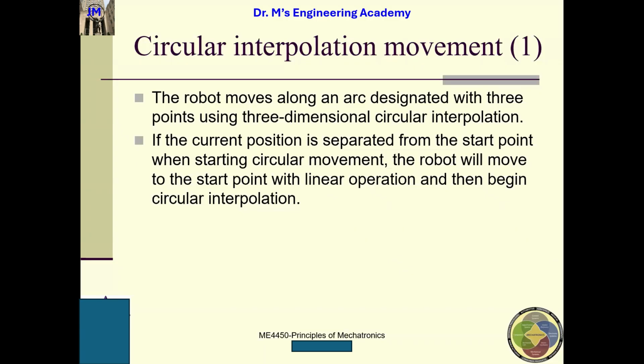This is called interpolation: we use discrete points to approximate the continuous curve. If the current position is separated from the start point when starting circular movement, the robot will move to the start point with linear operation and then begin circular interpolation. So this is understandable.